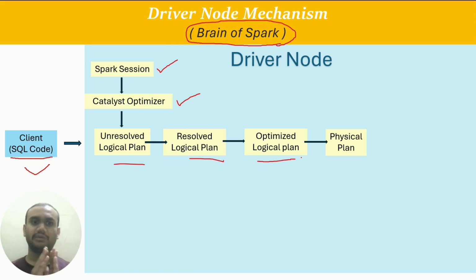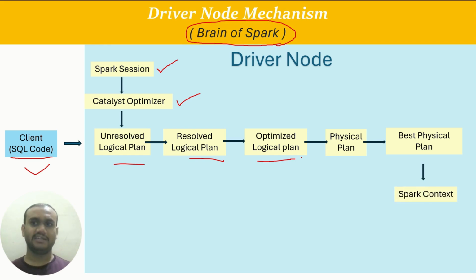But the physical plan is the planning of the code which is actually going to be executed. Once the physical plans are ready, it decides the best physical plan. The best physical plan is decided after cost optimization, that is, with the minimum cost, how the best execution of the code can be done.